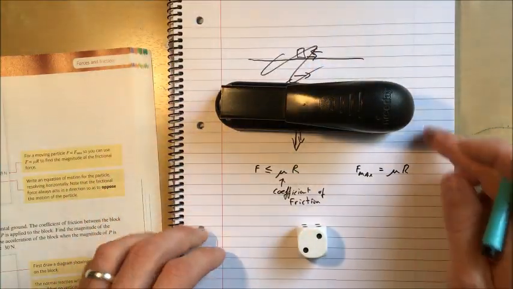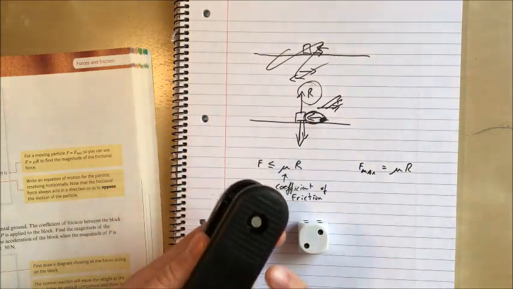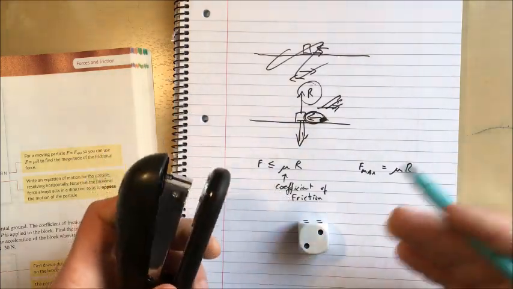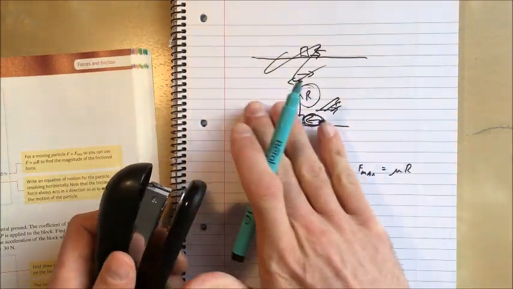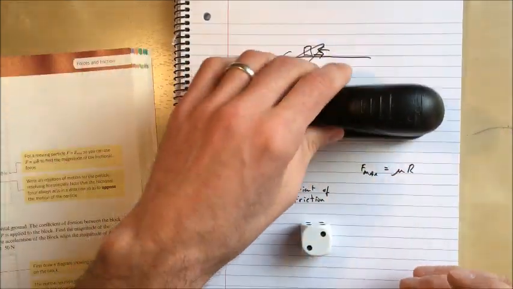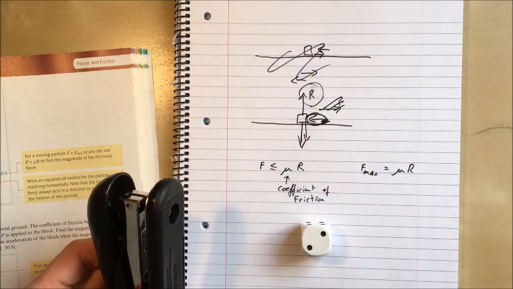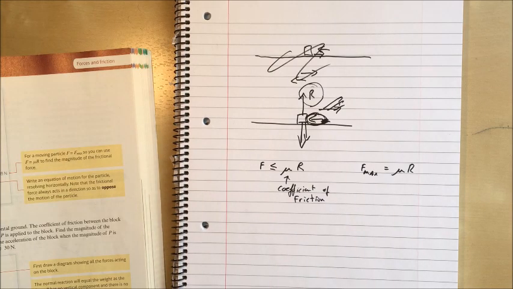Between the bottom of this stapler and the surface of the page, there's a different coefficient of friction. If I were to take the bottom of this stapler and polish it, that would reduce the coefficient of friction, wouldn't it? Or if I were to put some oil on here, there would be a different coefficient of friction. It'd be easier to move. If I were to cover the bottom of the stapler with sandpaper, that would increase the coefficient of friction. So rough surfaces have a higher coefficient of friction.